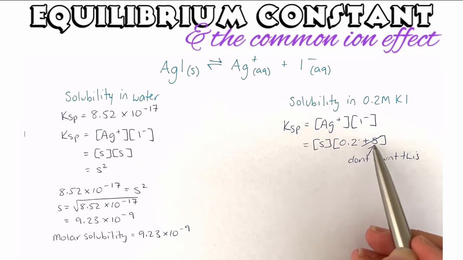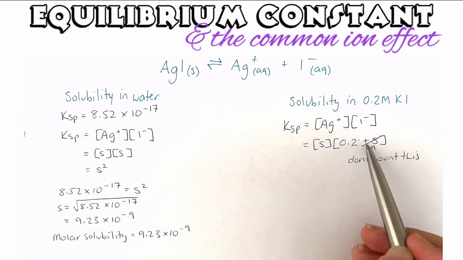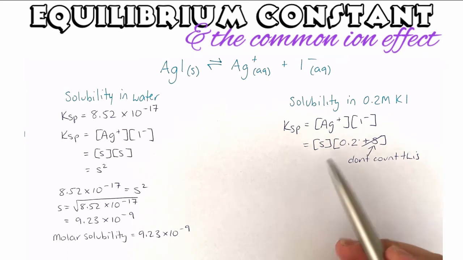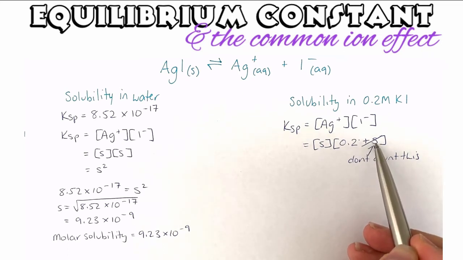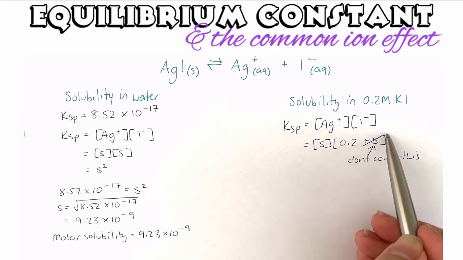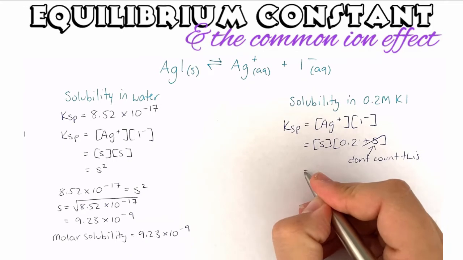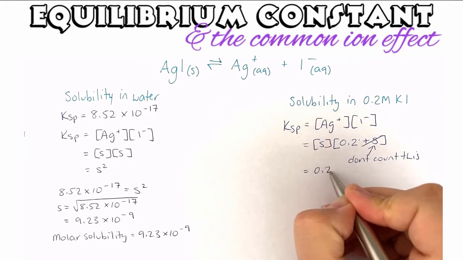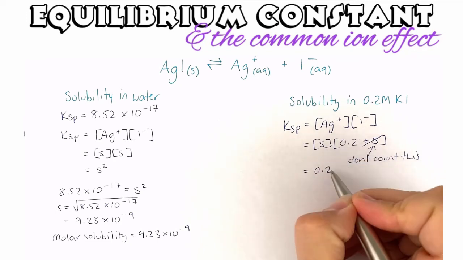They're so tiny, such a small amount that we just pretend like they're not even there. And if you were actually to do the whole calculations with it, at the end, the rounding on your calculator will show that it's so small it doesn't even count. So we get rid of that, and that means that for this particular example, the KSP equals 0.2 times S.